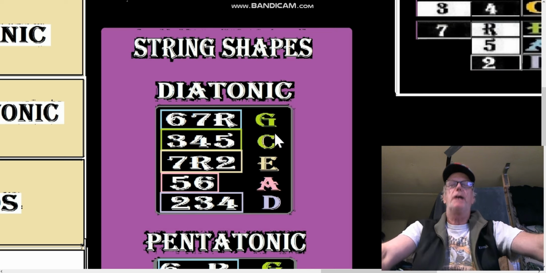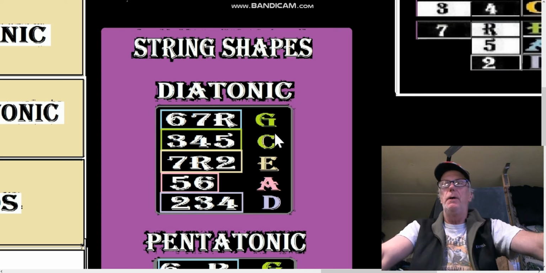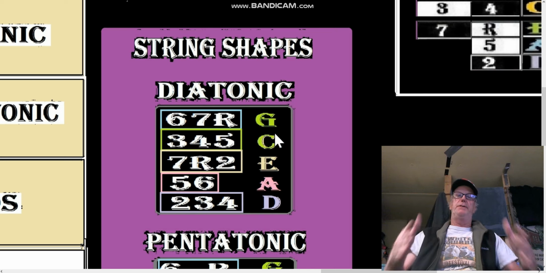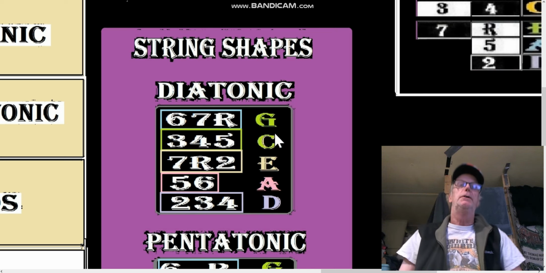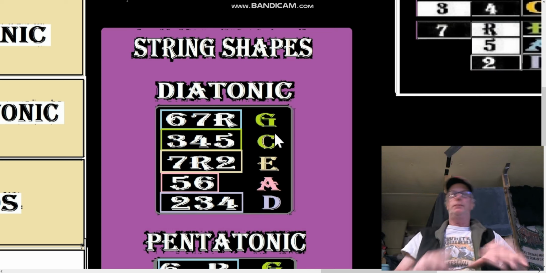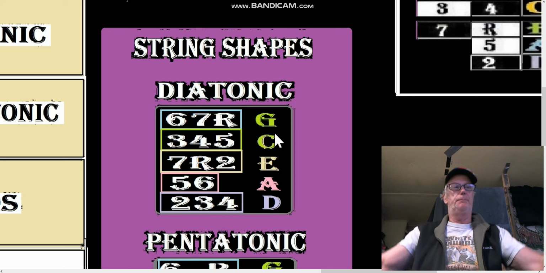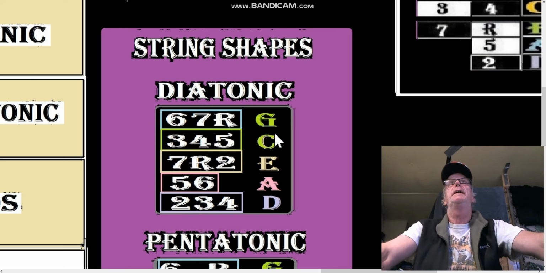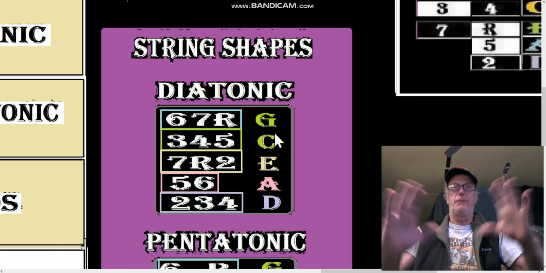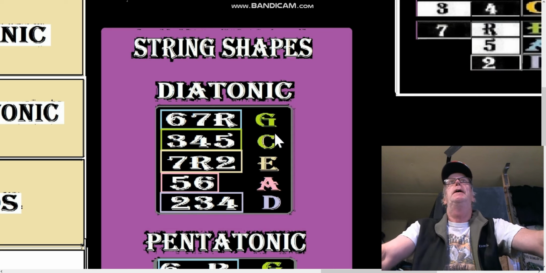Okay, so we're back to the counting diagram. Now I'm going to jump into this anywhere, and we'll just inflate from there. So here's your D shape on the bottom: 2, 3, 4, 5, 6, 7, root, 2, 3, 4, 5, 6, 7, root.